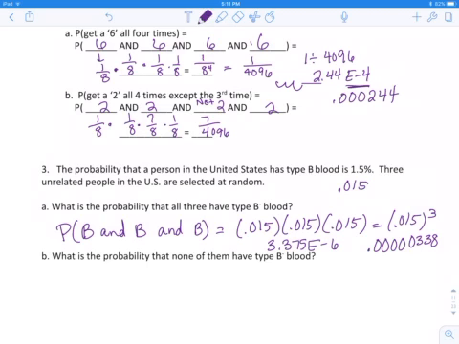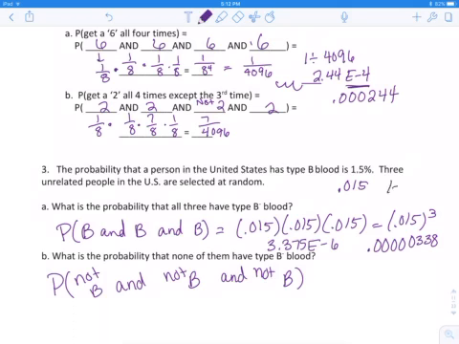Now, the next one says, what's the probability that none of them have type B blood? So we'd want the probability of not B and not B and not B. Now, if type B blood is 1.5%, not B would be 1 minus 0.015, which is 0.985.